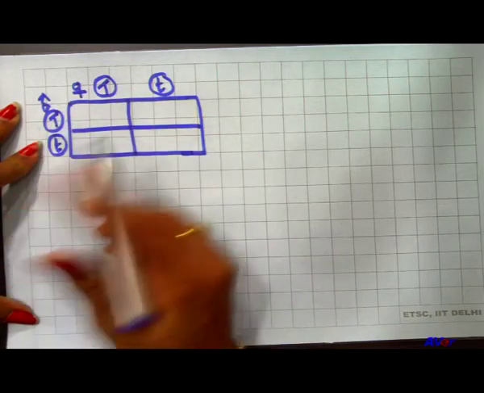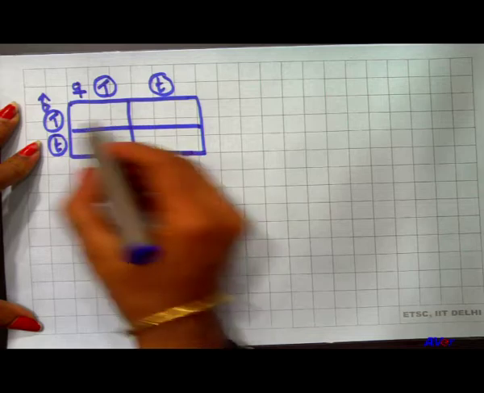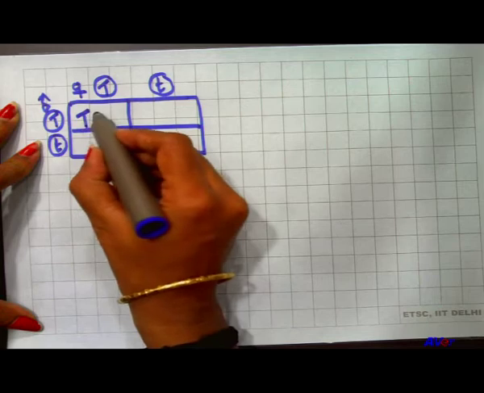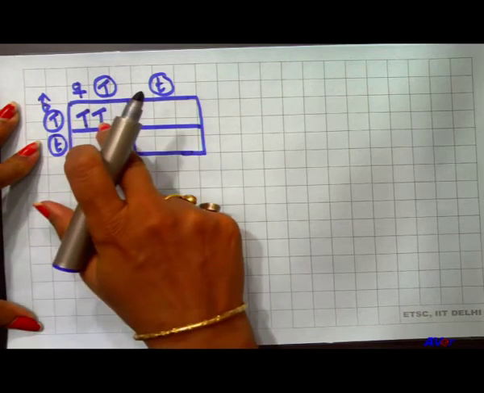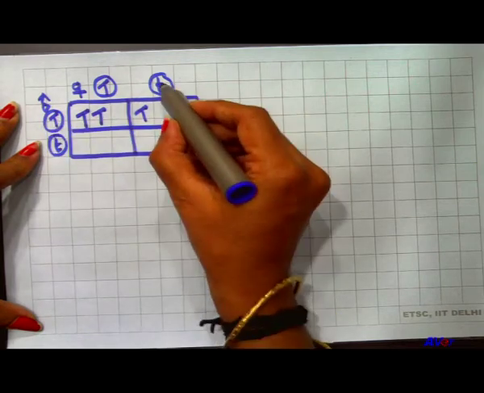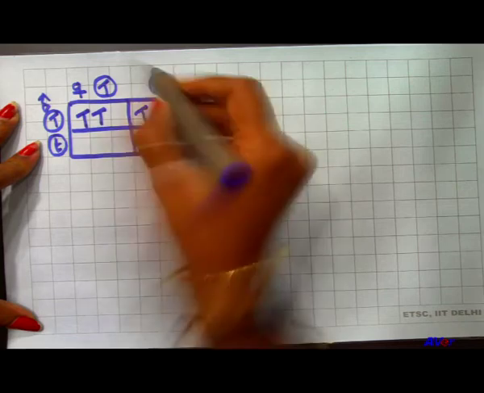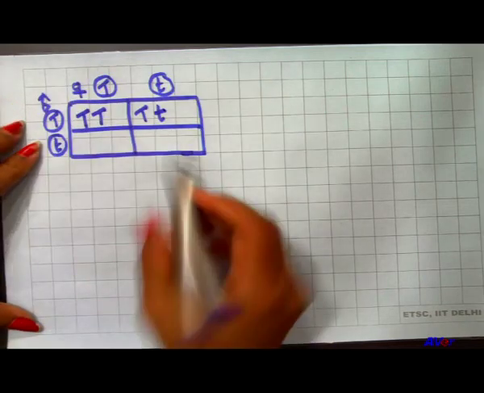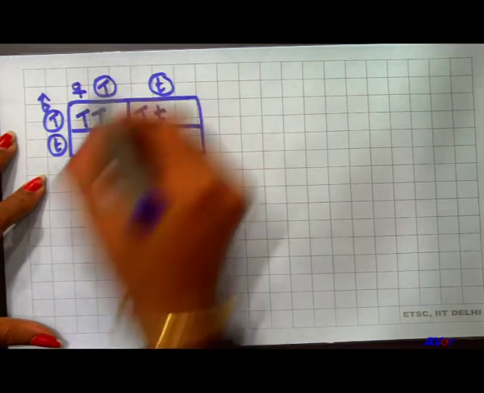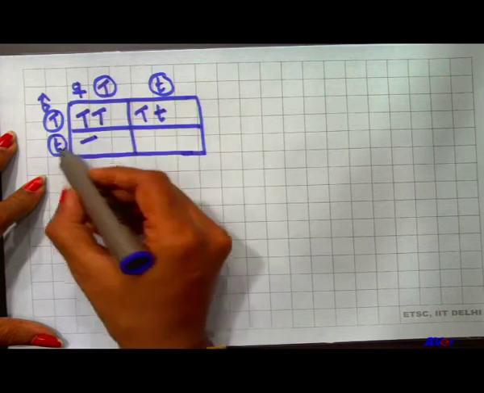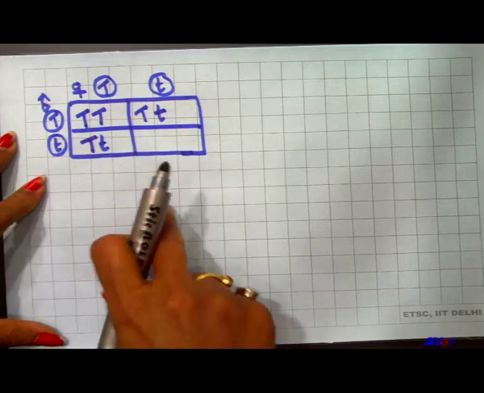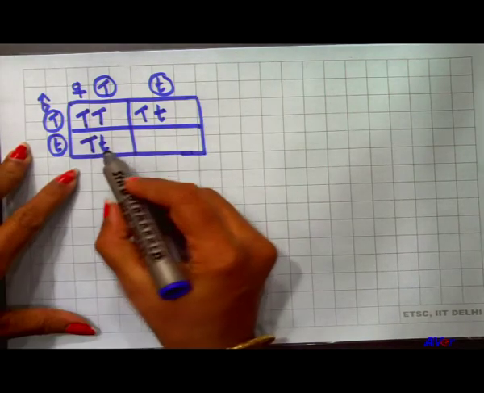Now, we can write the combination. Capital T gamete fuses with this female gamete capital T, we will get the combination like this, and this capital T with the small t female gamete, we will get the other combination capital T and small t. Here again capital T small t. In some cases the students are making the mistake here, please listen carefully.